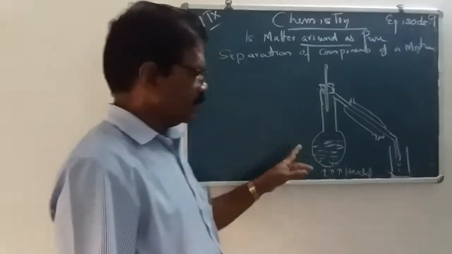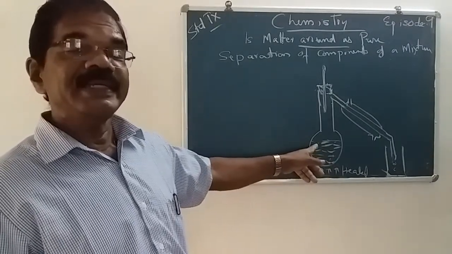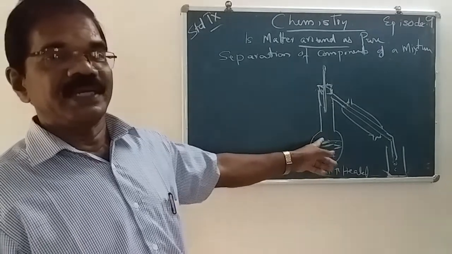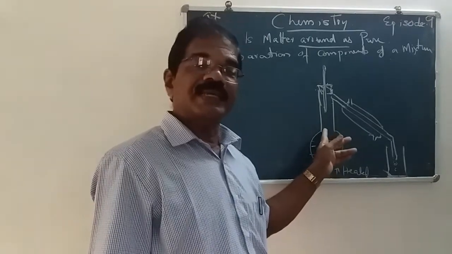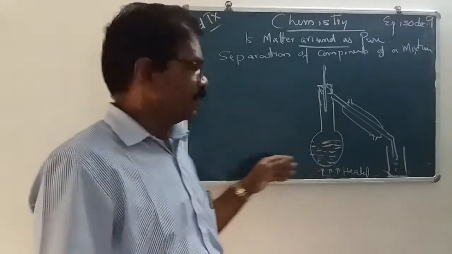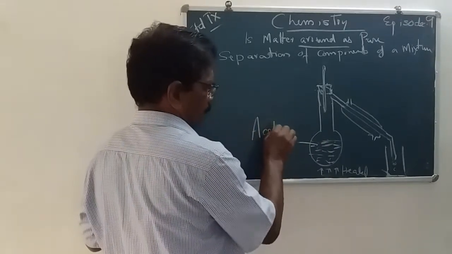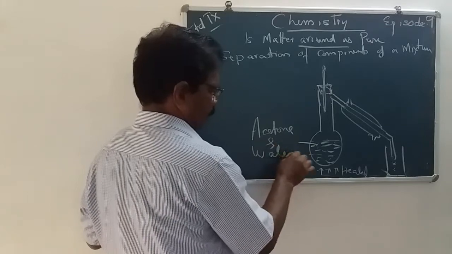Then what happens? There is only one condition: the two miscible liquids we take must differ in their boiling points by above 25 degrees centigrade. Here we take acetone and water.